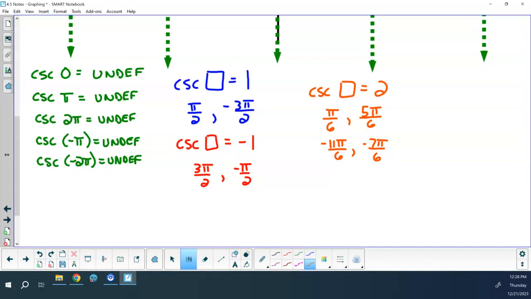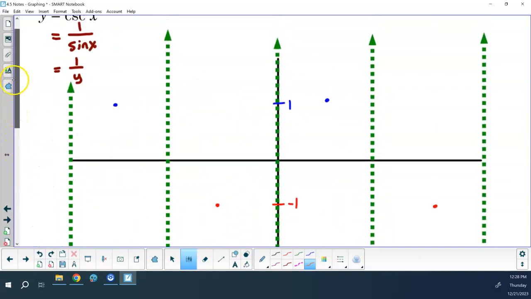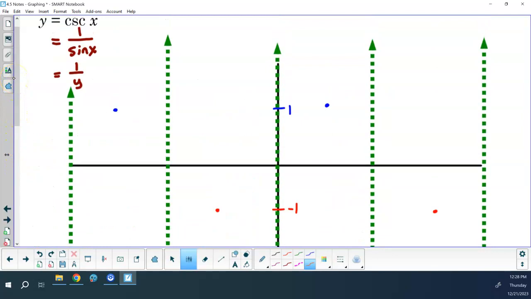On our graph, pi over 6 would be like here. 5 pi over 6 would be like there. That was a little high. Negative 7 pi over 6 would be like here.